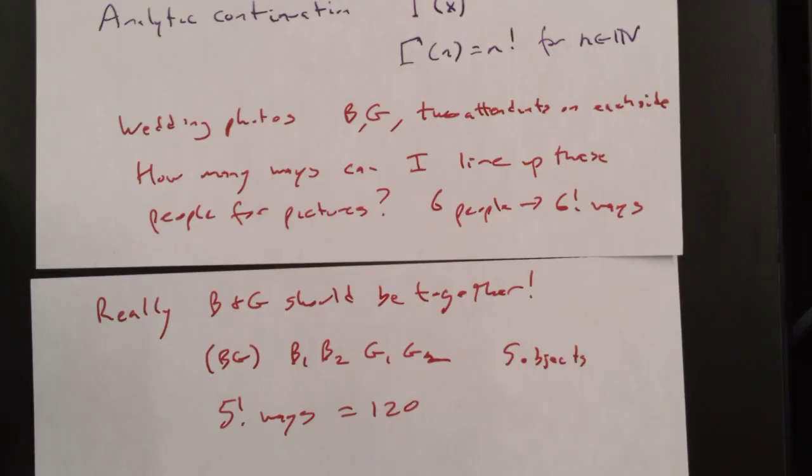What's the or? Order. Is it bridegroom with the bride on the left, or is it bridegroom with the groom on the left? That's going to matter, isn't it? That's going to give me 2 different orderings.